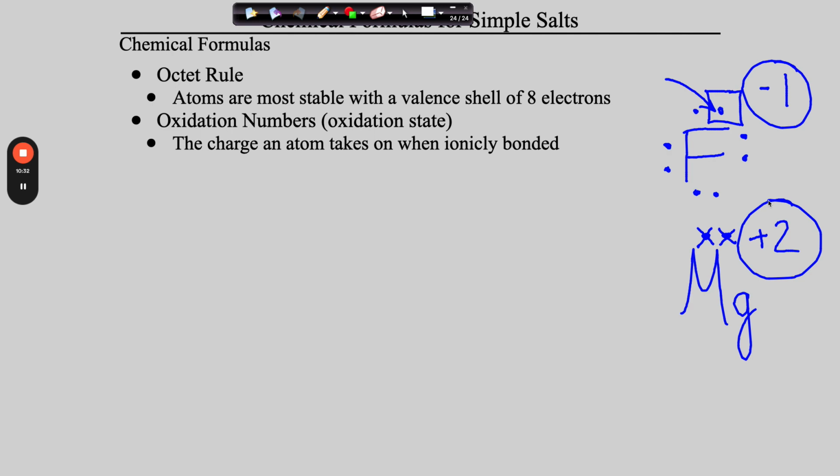But now guys, do this with me. Look at magnesium and look at fluorine on your periodic tables. And if you look above the Mg, magnesium, and the F for fluorine, you'll notice that these numbers are on your periodic tables. Up above fluorine, there's a very, very small -1.